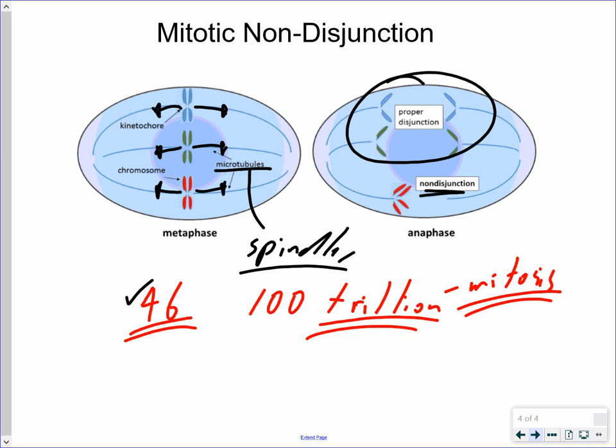Some of them may have gone through a mitotic non-disjunction, which means whenever that happens, some of them will end up with 47 chromosomes and some of them will end up with 45 chromosomes.